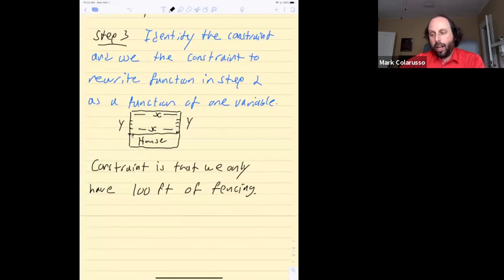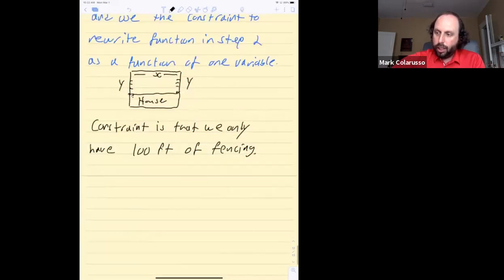Well, the side that's the house isn't fenced. You're not going to fence in your house and not be able to go to the backyard. That would be just crazy. So the amount of fencing we actually have in this picture, I can get rid of the x here, is y plus x plus y. The fence is y, x, plus y. You don't fence in the back of your house. That's just nuts. So the fencing is x plus 2y equals 100. That's the constraint equation.